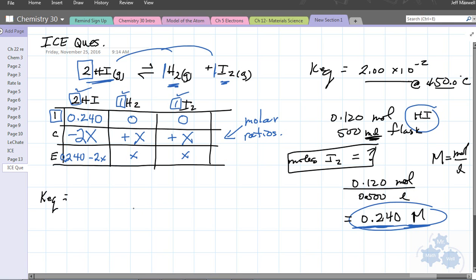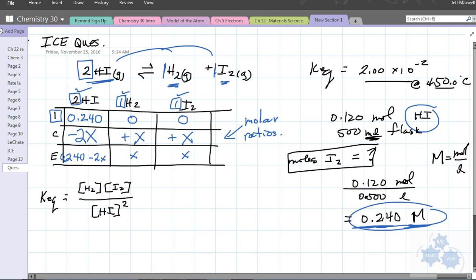Okay. The next is the KEQ expression. So if we take a look at this KEQ expression, what's it going to be? Well, product's always on top, right? So H2 times I2. And use the square brackets, remember, because that means concentration. Don't use the parentheses. Divided by HI concentration squared.